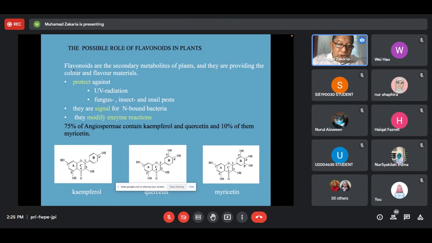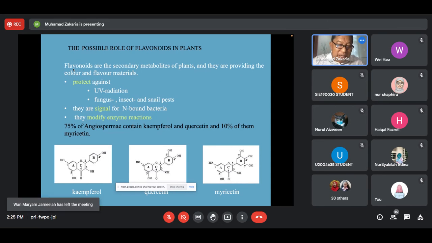75% of angiospermae, flowering plants, contain camphorol, quercetin, and 10% of them contain myricetin. Okay, so these are the common flavonoids you can find in plants. So you take any plant, the possibility you get camphorol, quercetin, and myricetin is very high, because they are used by the plant as antibody.